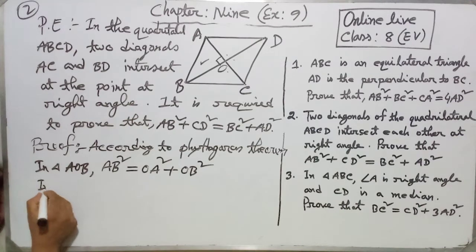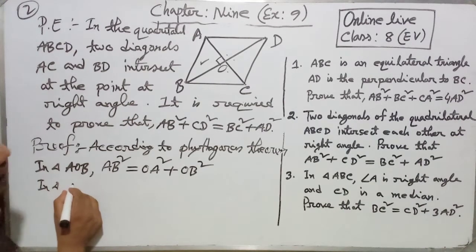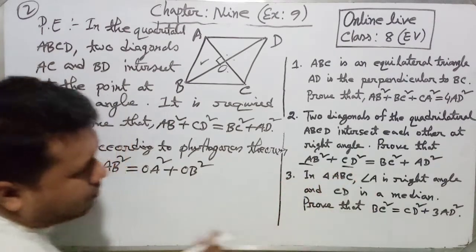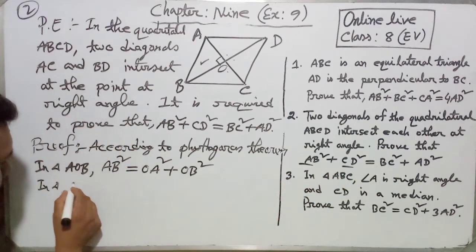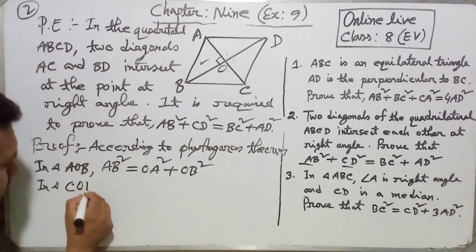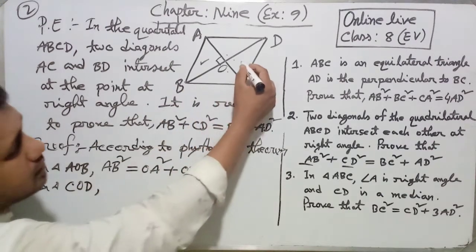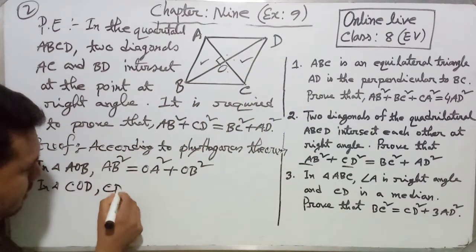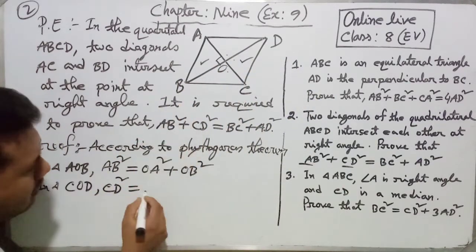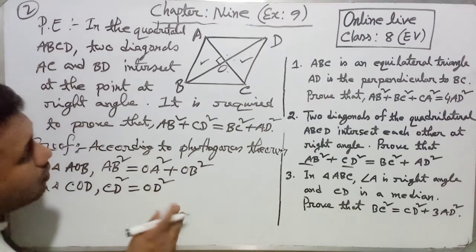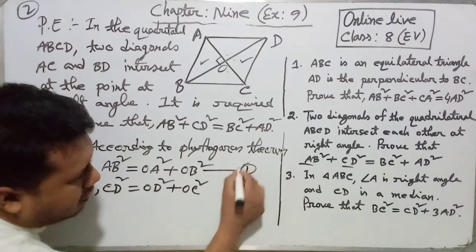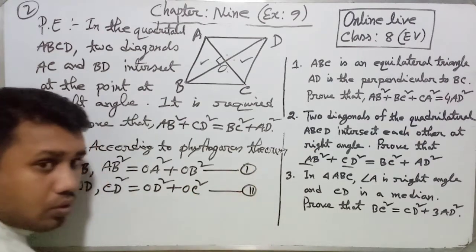Now in triangle COD, we can write CD square equal OD square plus OC square. Suppose this is equation 1 and this is equation 2.